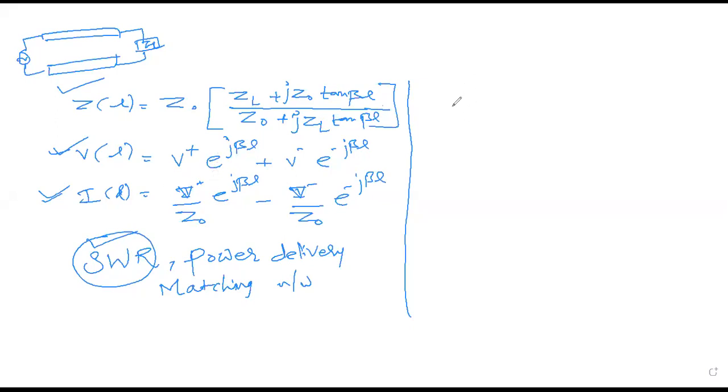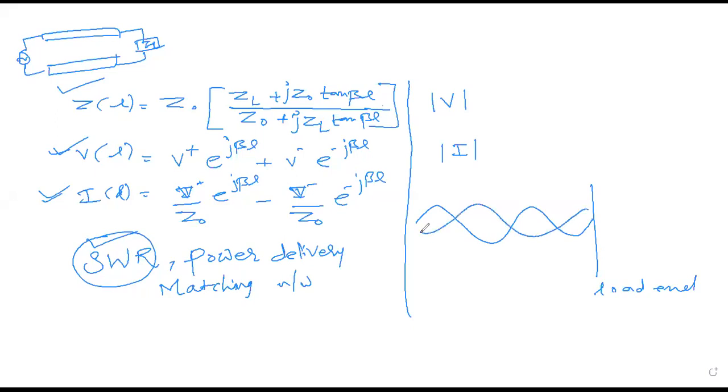If I calculate mod of V and mod of I and plot them, with the load at one end and the voltage wave coming from the source, there can also be a current wave with some phase difference.